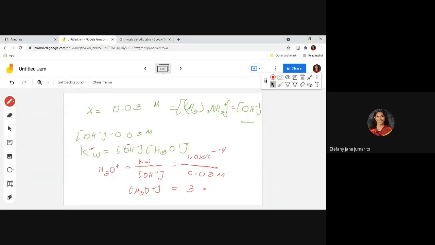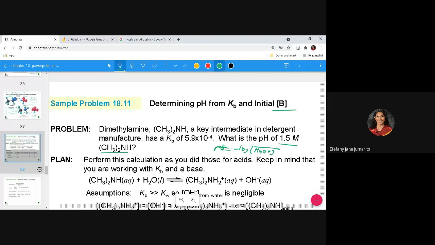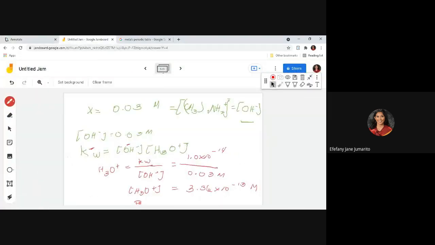Pila class? The concentration of H3O plus is 3.36 times 10 to the negative 13 molar. Now let's go back to the question we are asked: the pH.